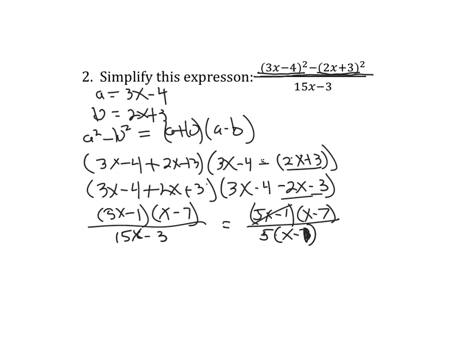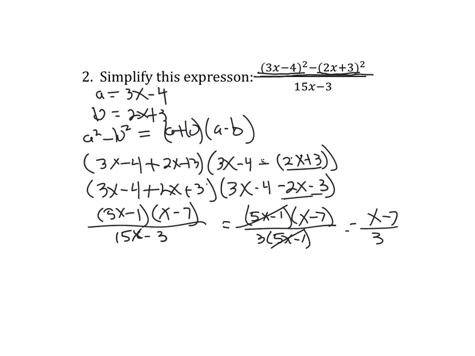I'm sorry, that's the wrong count. Excuse me. Let me use my little eraser here. I'm going to redo that. And what it actually is is (5x minus 1) times (x minus 7) over 3 times (5x minus 1). These cancel out, and I end up with (x minus 7) over 3.